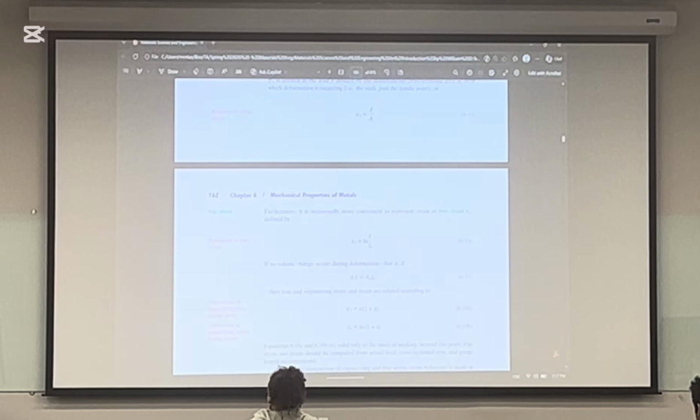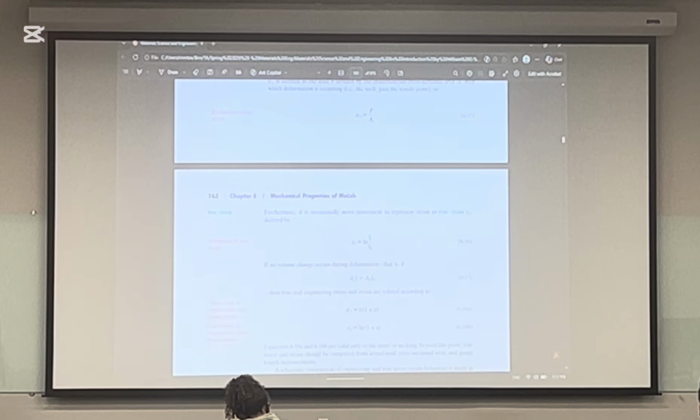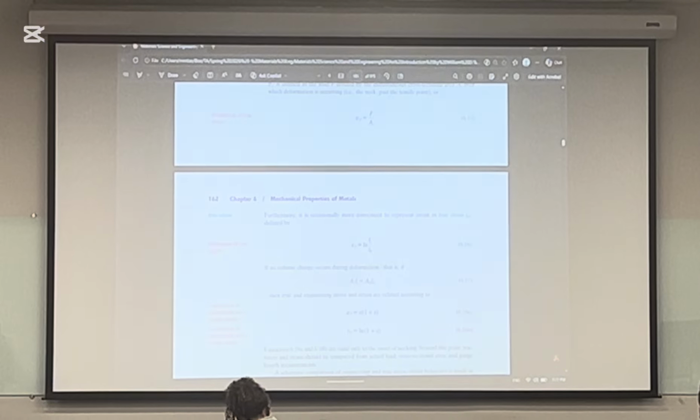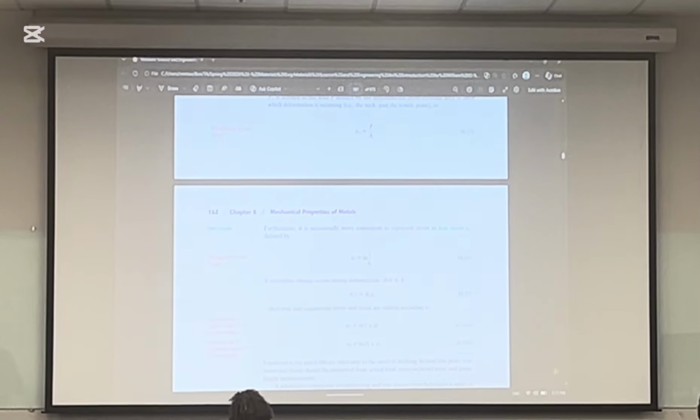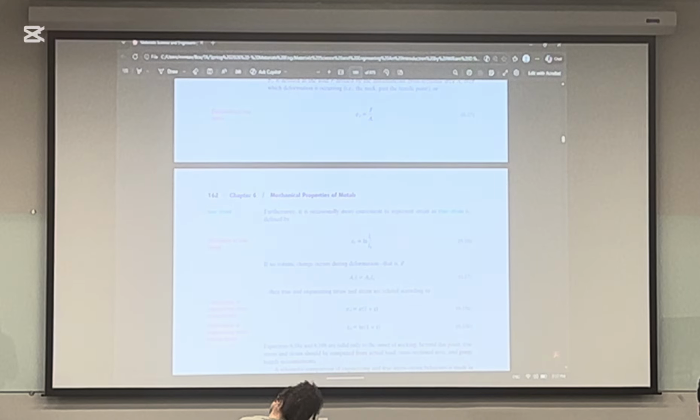So far, we use engineering stress. In engineering stress, we assume we have a constant area or cross section, right? Because we always use the same cross section. But in reality, when you pull something, the length changes.